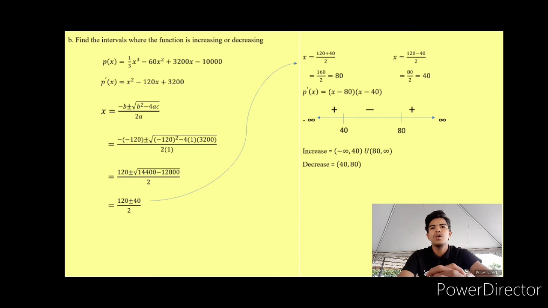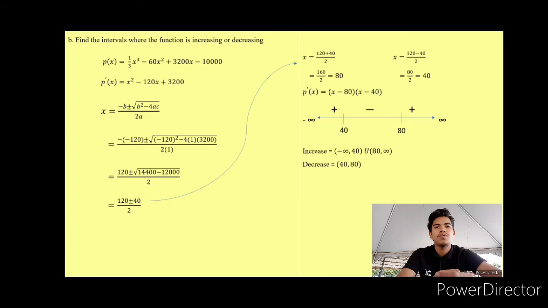First, we need to write the profit function and then take the first derivative only. Then we need to find the x values, that we get the values of x, 80 and 40.